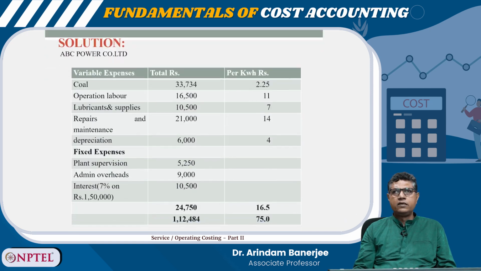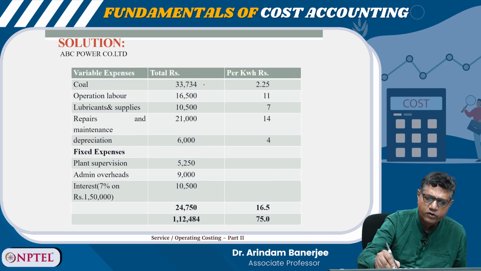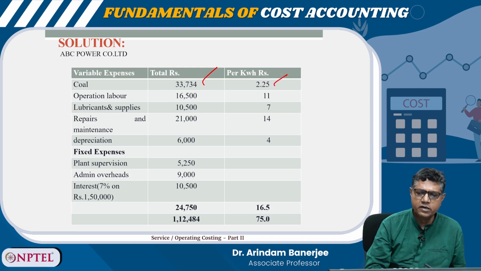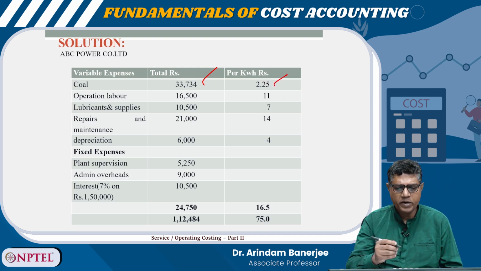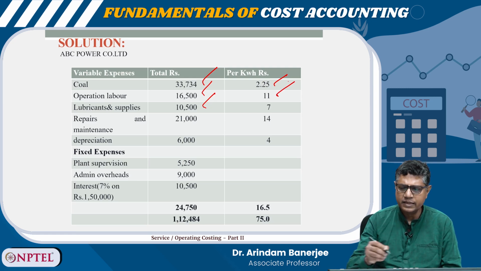So, here is the solution. Coal, 33,734, per kilowatt hour, if I calculate, it is coming to 2.25. Operation labor 16,500, lubricants and supplies 10,500, per unit operation labor is 11, lubricants and supplies it is 7.